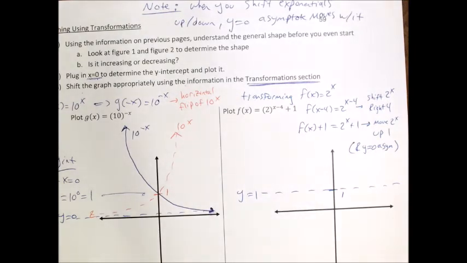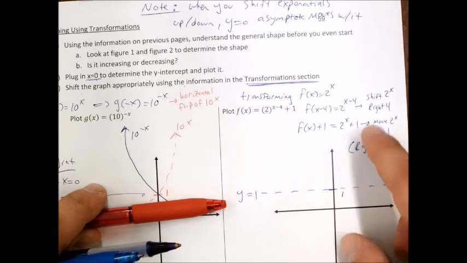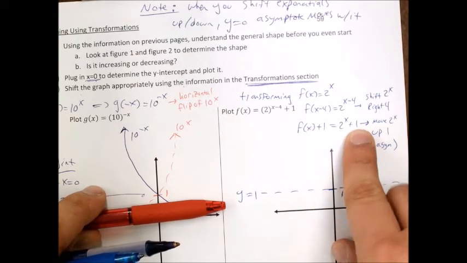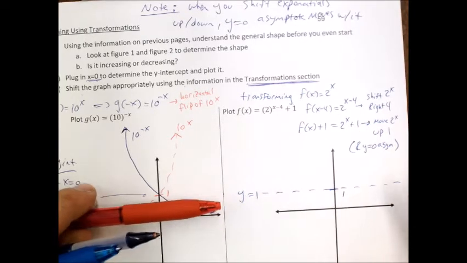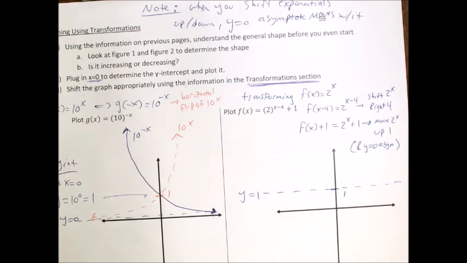Yeah. Like why is this one here? It's because when we add this 1 to the function, it's just moving the entire graph up, including wherever the asymptote is. So on the original graphs, let me show the picture of the original one.